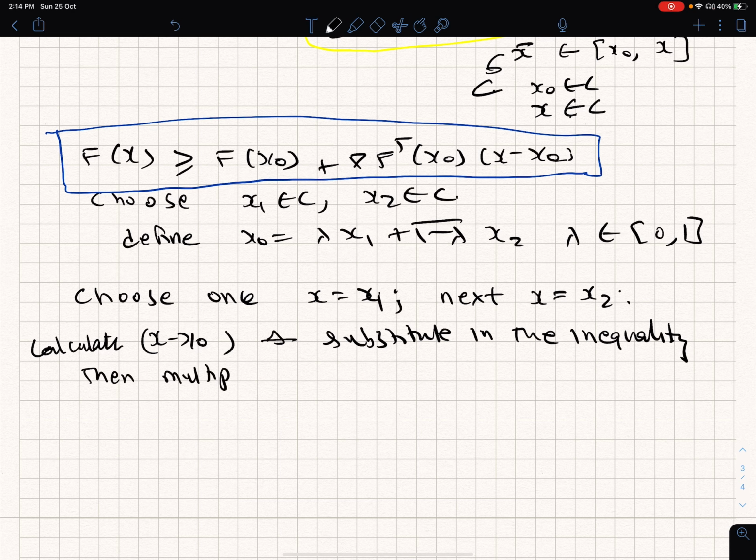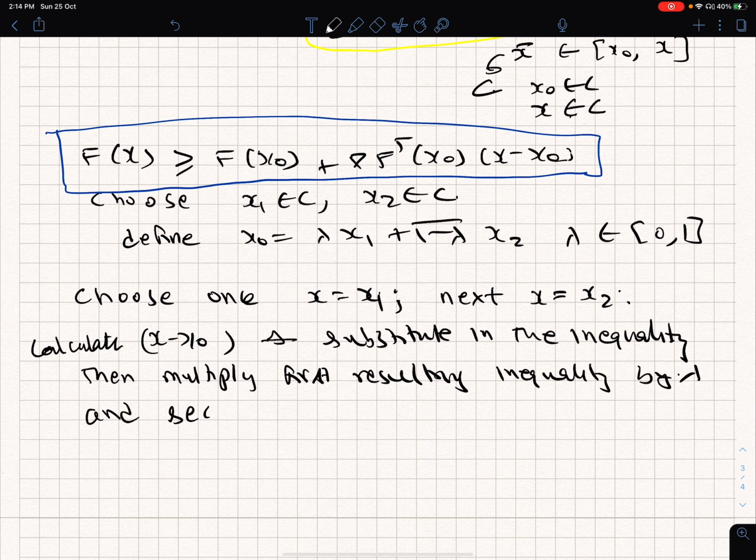Then multiply the first resulting inequality by lambda and the second one by 1 minus lambda, and add.